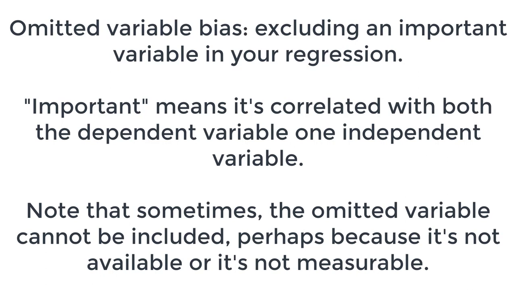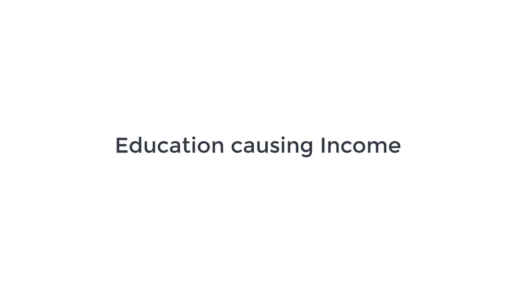To give you an idea, as an example, let's imagine that we have education predicting income. And you can tell a story: people are more educated, they have skills, they get paid more. But maybe a third thing that we're not including is their intellect, their raw ability, or their perseverance, or their conscientiousness.